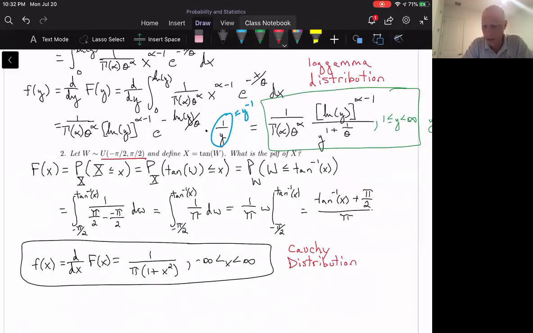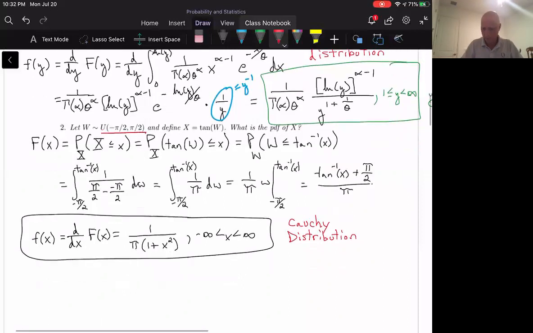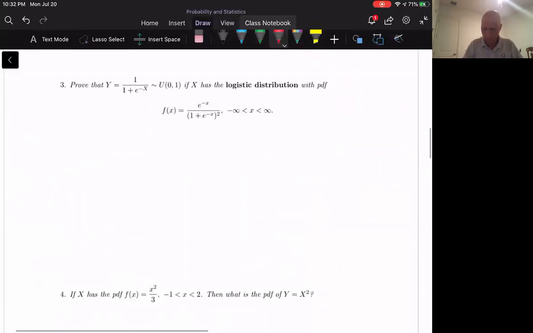Okay, so let's take a look at the third one then. In this case, you are essentially told the distribution that you want to derive, or at least you're told the name. And so here we want to prove that the random variable y has a uniform 0 to 1 distribution if x has the logistic distribution, and here the PDF for the logistic distribution is given.